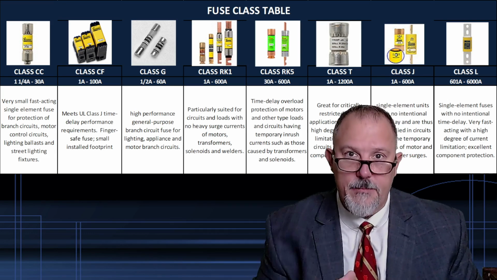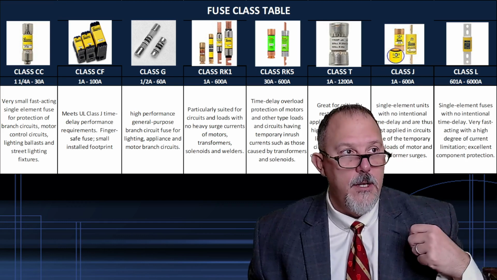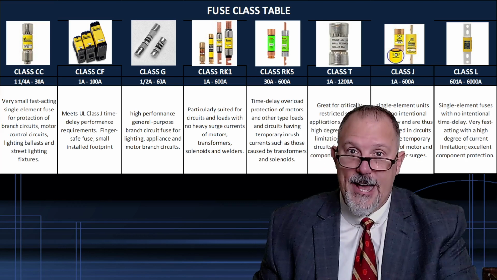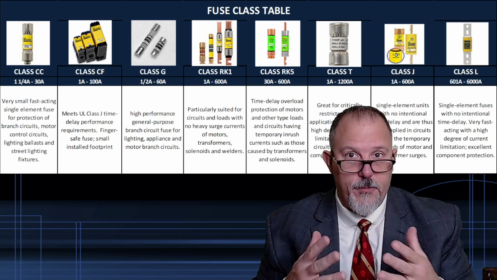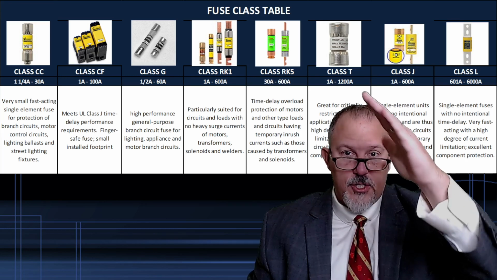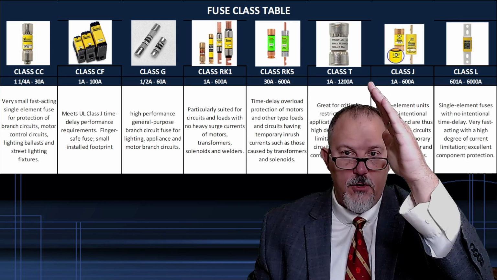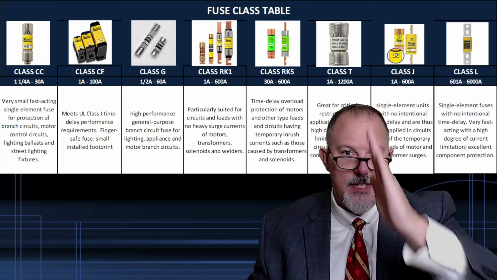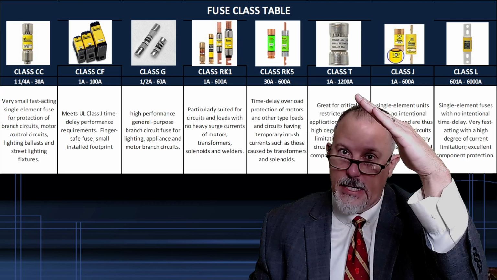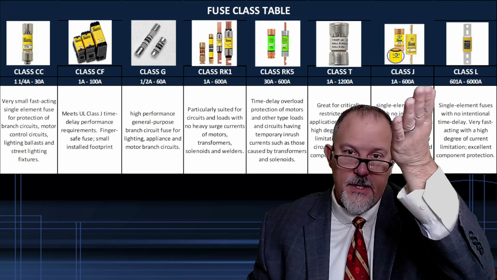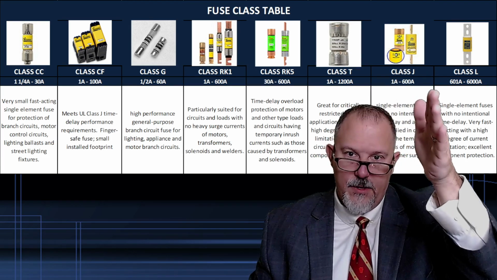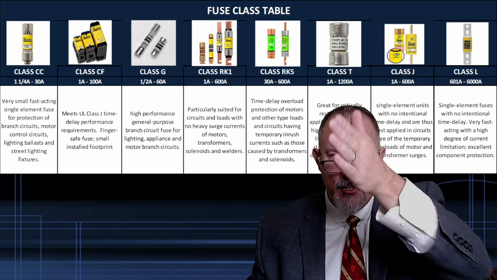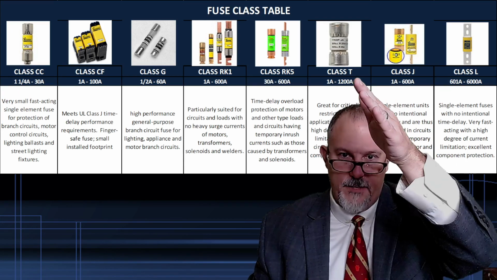So when you hear time delay versus non-time delay or fast acting, you're thinking about the trip curve and what it looks like. So you're either going to have a curve that looks like this, that sags, that would be a non-time delay, or one that has a hump in it, which would be a time delay. Actually, whatever.